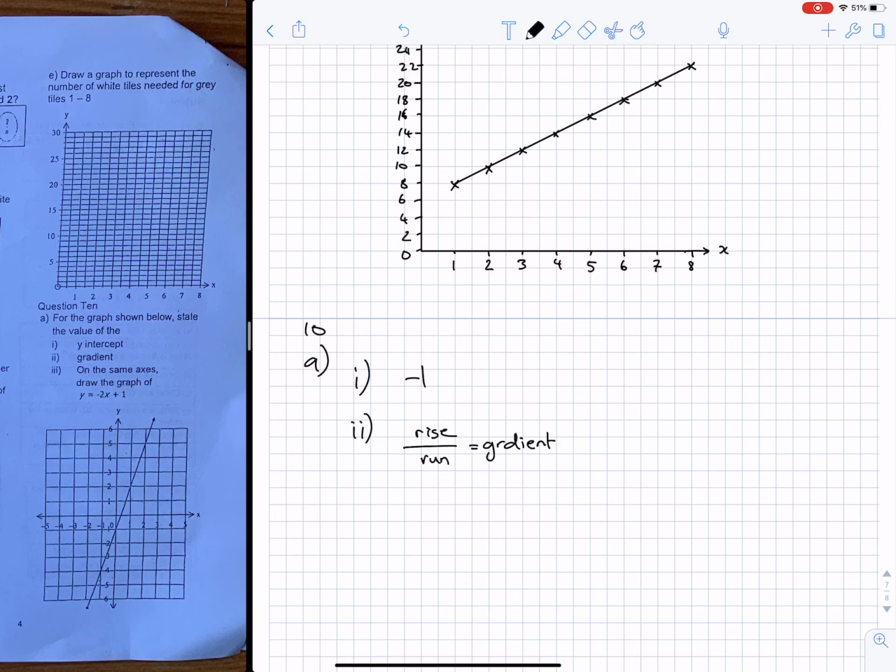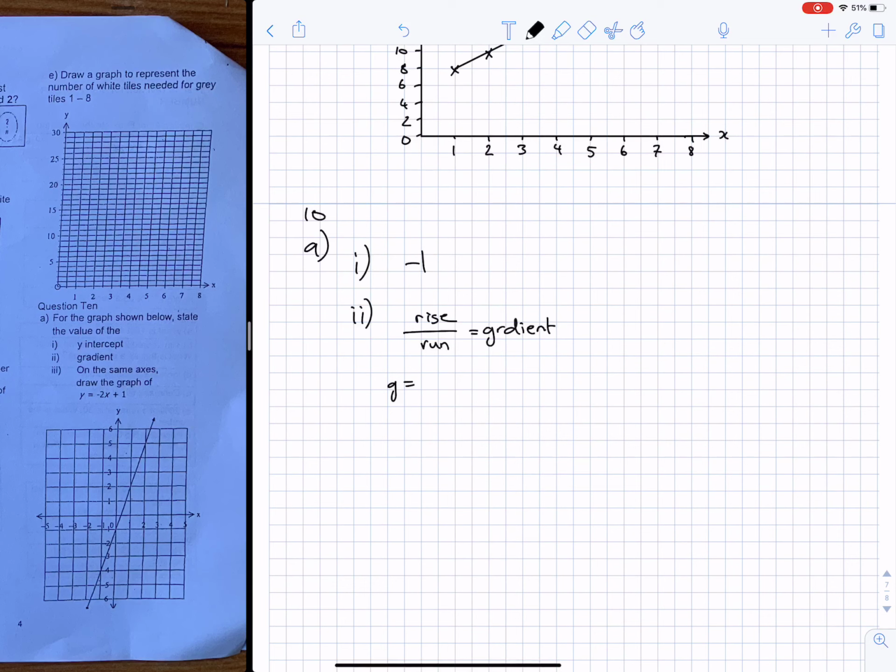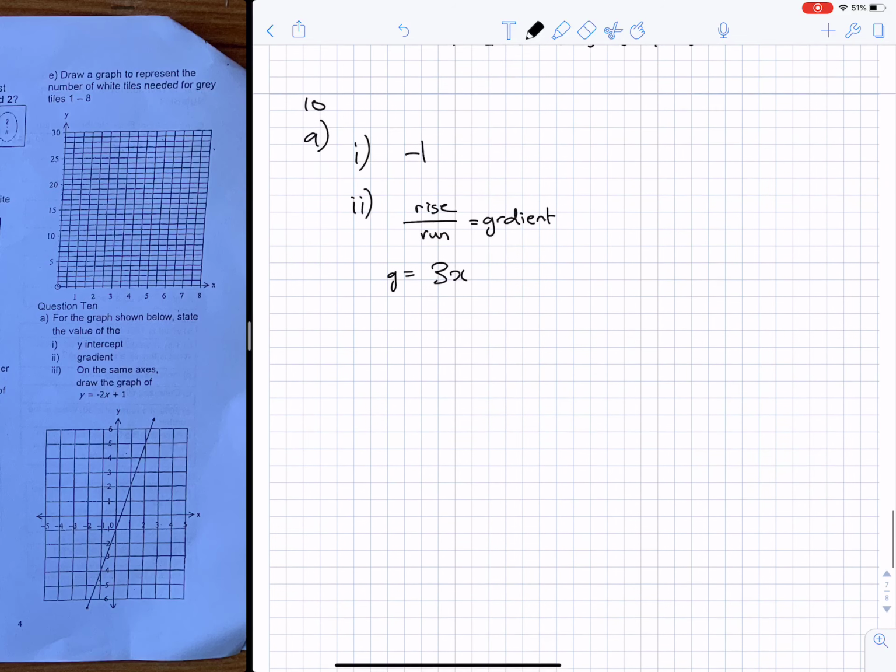So gradient here equals rise. It rises up 3, 1 across, right? So it's 3x.